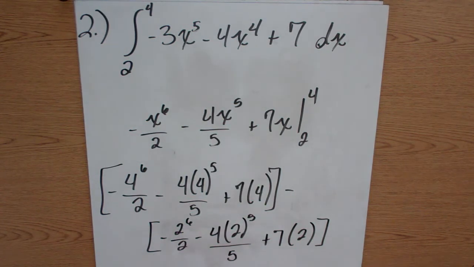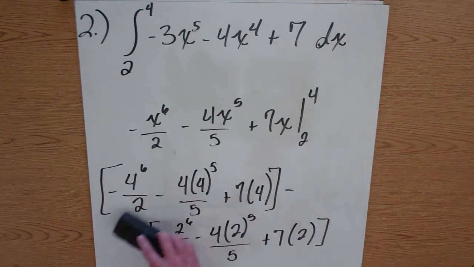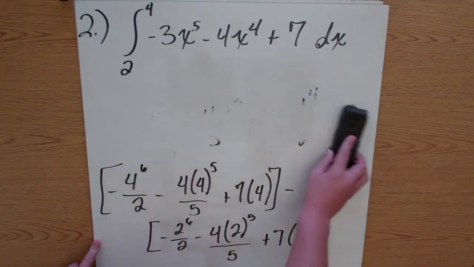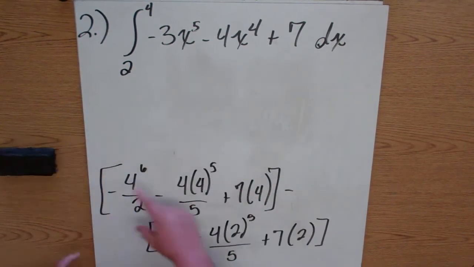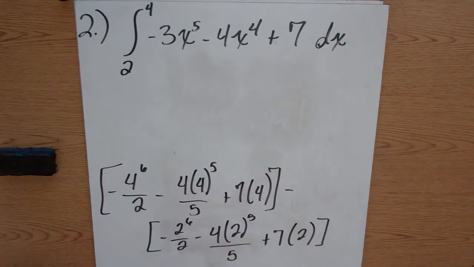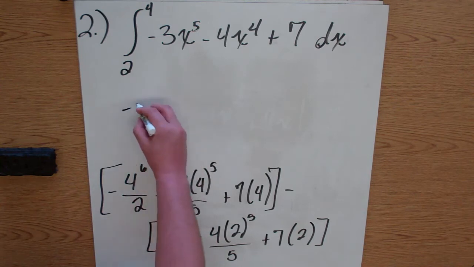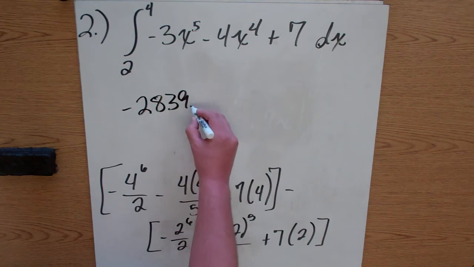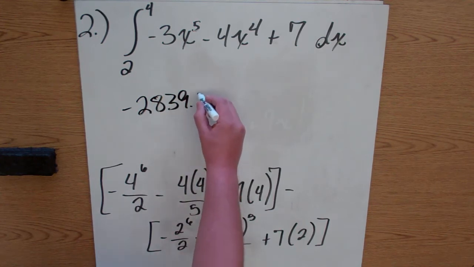Now, so now this you would just simply punch into your calculator. This first set of parentheses, when you evaluate at 4, is going to give you negative 2,839.2.